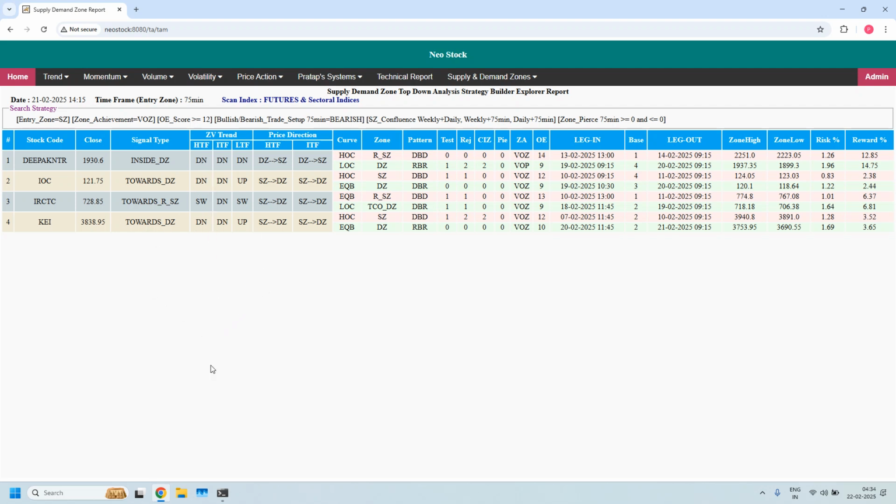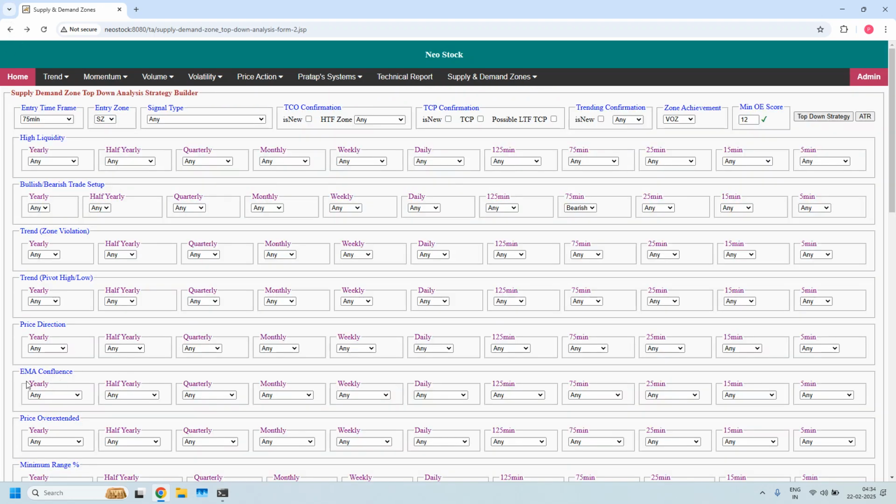And out of these 3 stocks, if any of the weekly supply zone having weekly EMA confluence, then these 75-minute supply zones are even more high probability zones to get the success, because these 75-minute supply zones are fine-tuned zones inside the weekly supply zone. Let's verify.